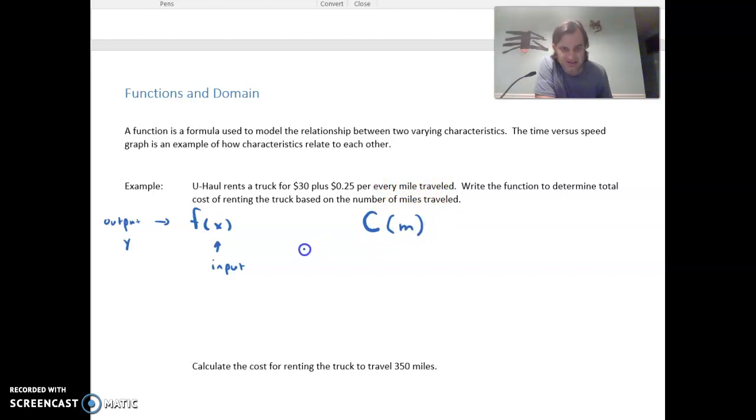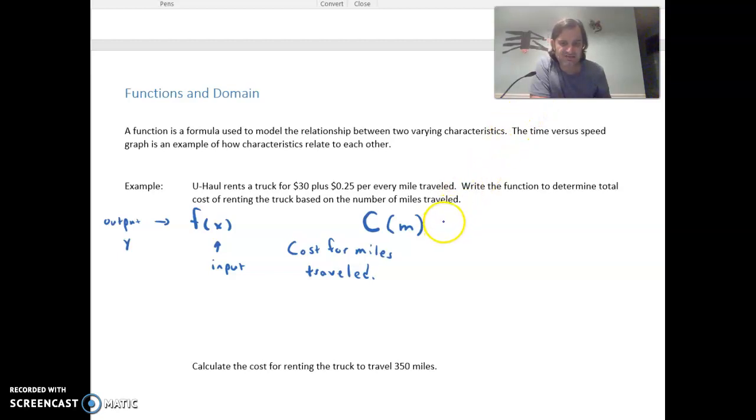So this is cost for miles traveled. Okay, so you're going to see this notation quite a bit in this unit, so get used to it. F of x, if you're familiar with algebraic function notation, we can use any variables there we want.